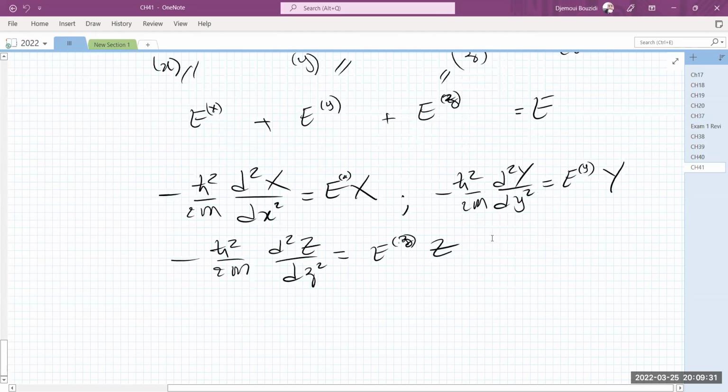Each and every one of these equations looks awfully similar to that of the harmonic oscillator that we did in physics 1. If you remember in physics 1, we said that the acceleration, which is the second derivative of the position with respect to time, is equal to minus k over m, where I divided by m, the mass, and k is the spring constant, times x.